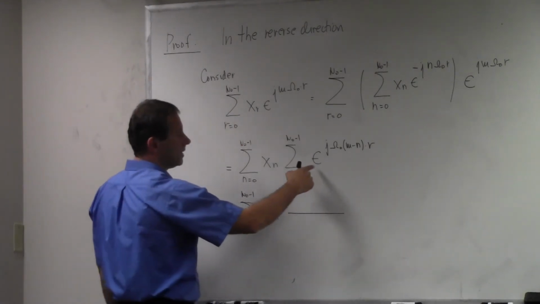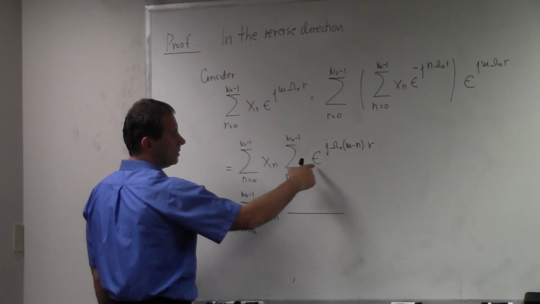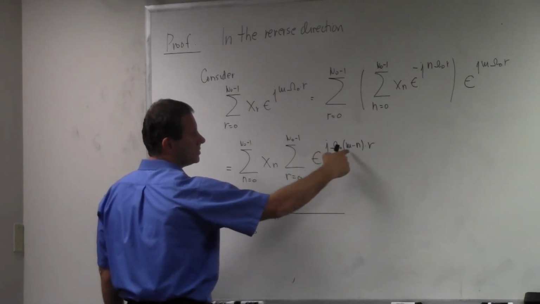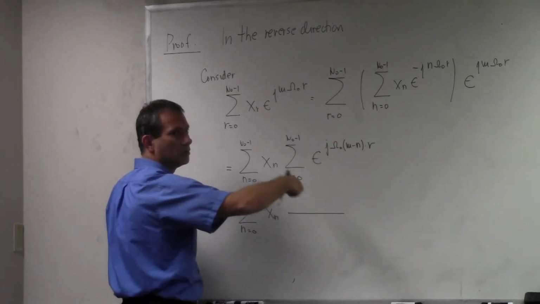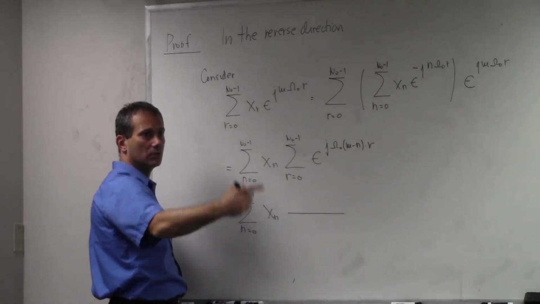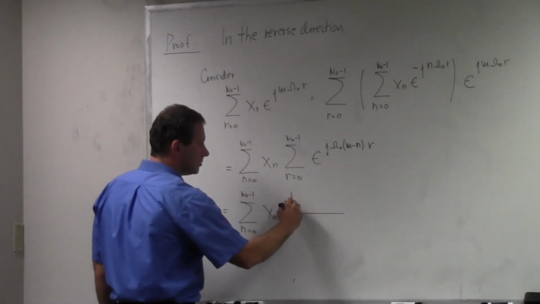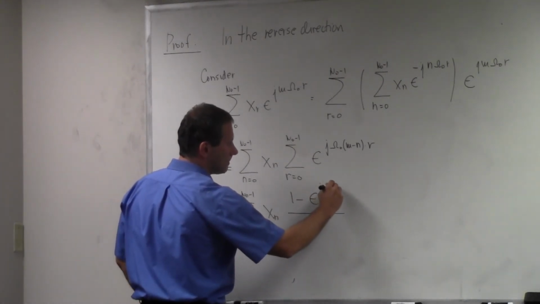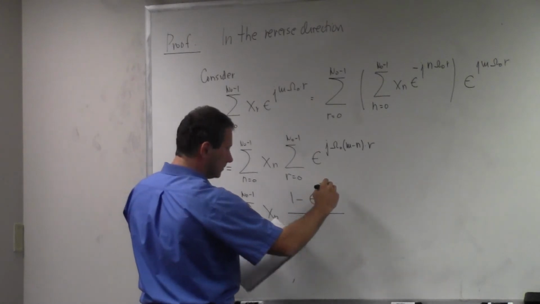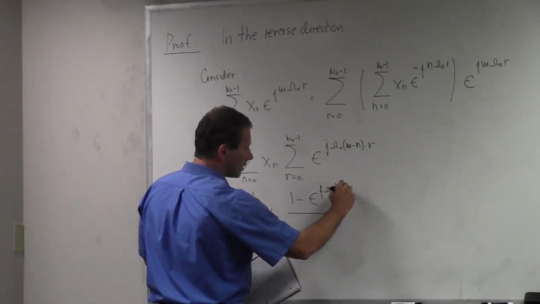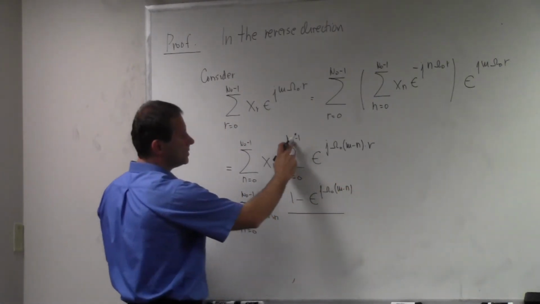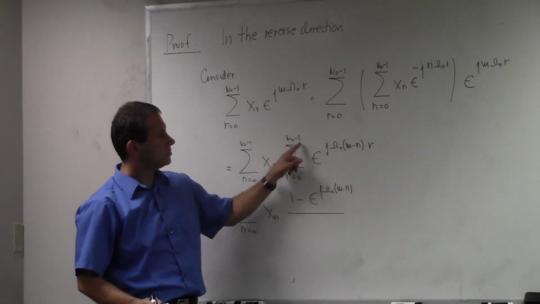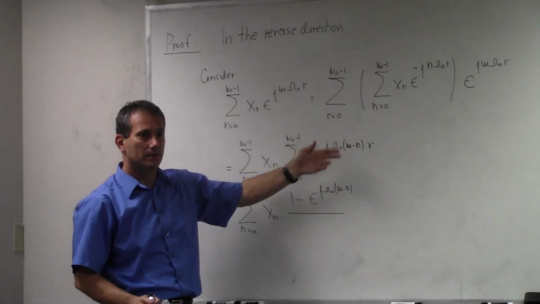So this is the sum when n goes from 0 to n0 minus 1, x[n], and upstairs I have e to the j omega 0 (m minus n) times 0, plus 1, plus 2, plus 3, plus all of that. So it becomes 1 minus e to the j omega 0 (m minus n) to the power n0. Now, this goes to n0 minus 1, so what should I put here? n0 minus 1 plus 1, right?